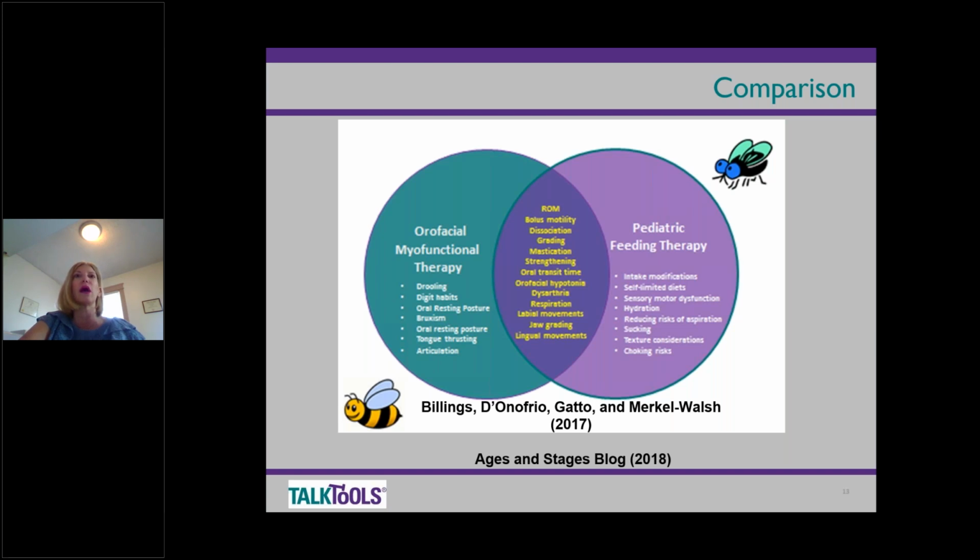That's also a big part when you're doing the oral phase of swallowing in myofunctional therapy. We might be looking at orofacial hypotonia in both therapies, dysarthria, respiration issues, labial movements, lingual movements, and those similarities go on and on.